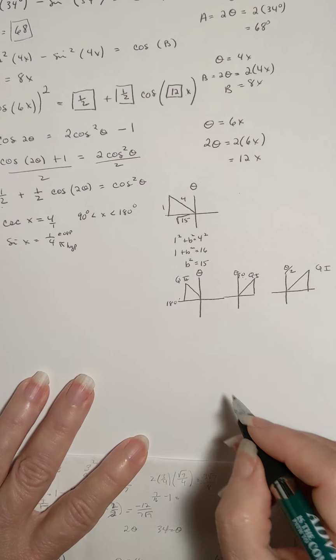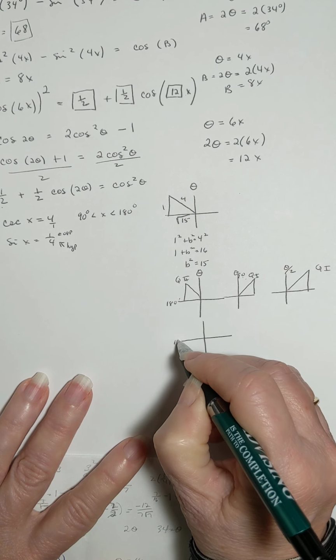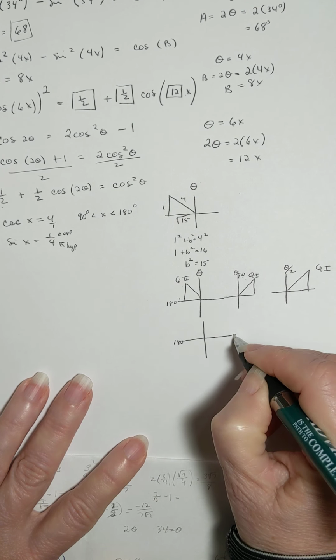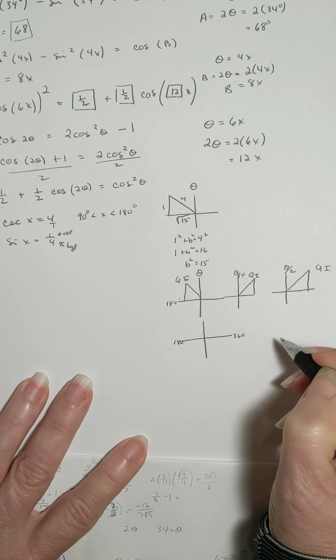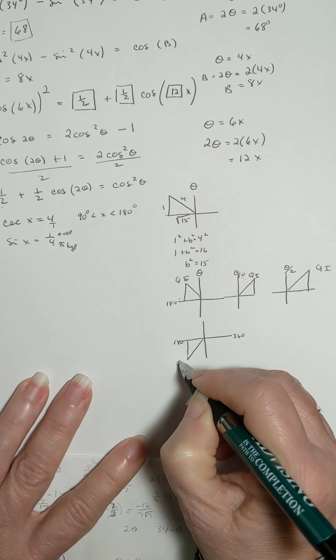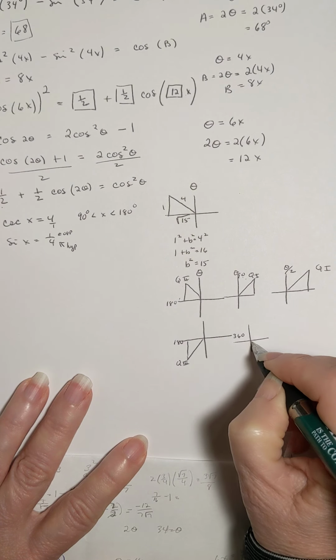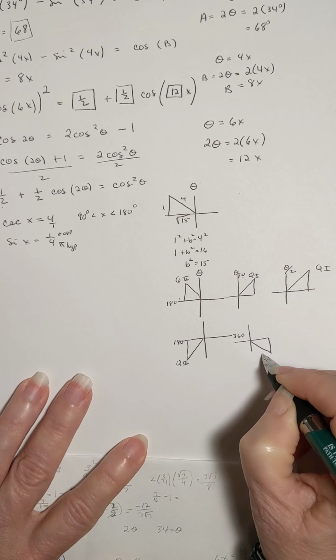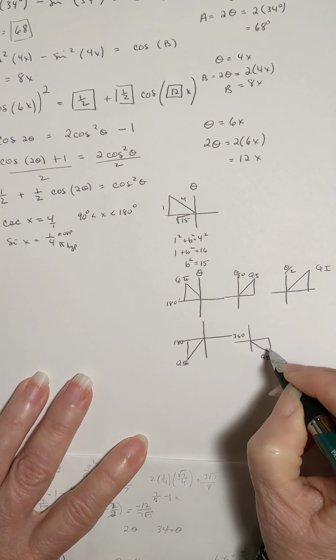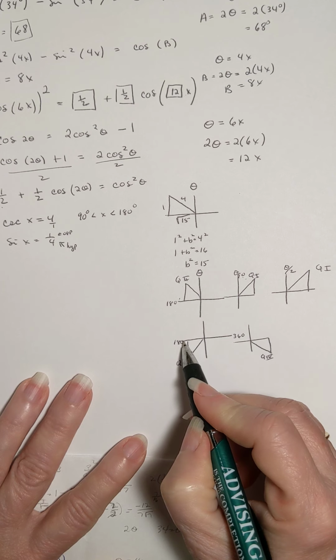All right? Now, if I'm between 180 and 360, so if I'm in quadrant 3 or if I'm in quadrant 4, when I take half of 180, I get 90.